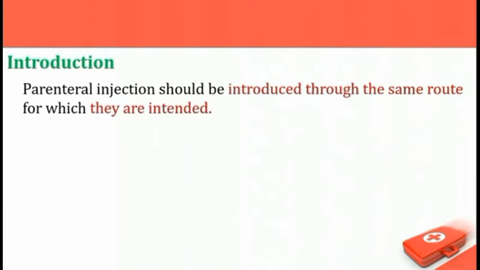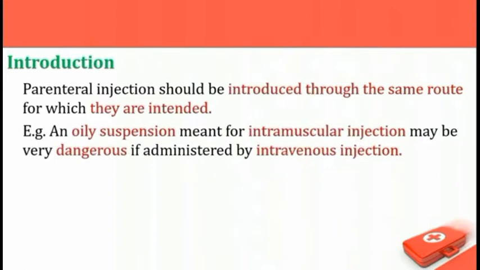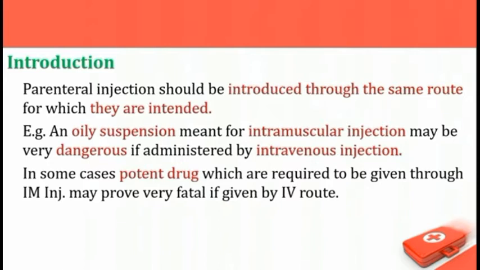Next one is cool storage. Cool storage means any temperature between 8 to 25 degrees Celsius as per Indian Pharmacopoeia, and 8 to 15 degrees Celsius as per United States Pharmacopoeia, that means USP.